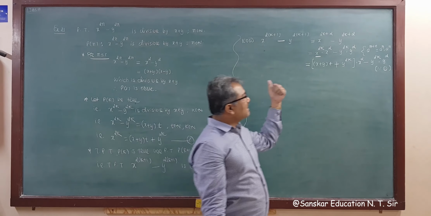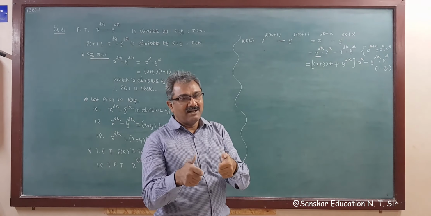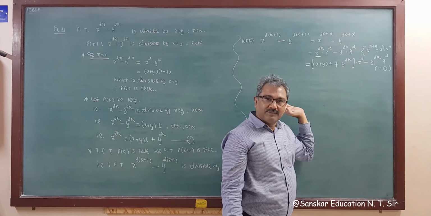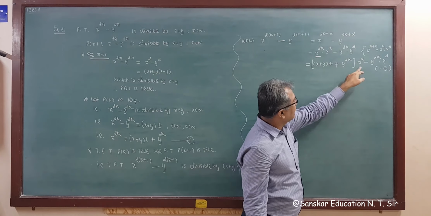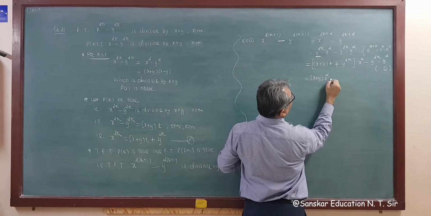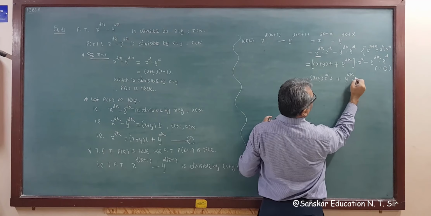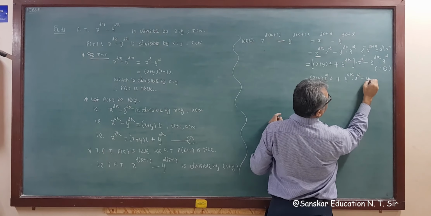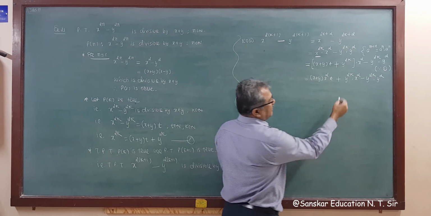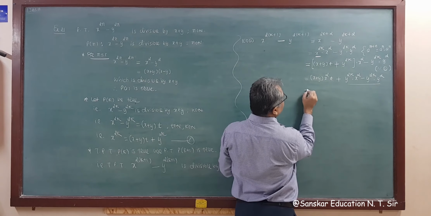Now, after simplification of these terms, what is our mission target? To take x plus y outside the bracket of the whole term, right? So multiplying this, what we get? This is x plus y, x square into p plus y raised to twice k into x square minus y raised to twice k into y square. Now see these last two terms. y raised to twice k is common. So taking y raised to twice k common.